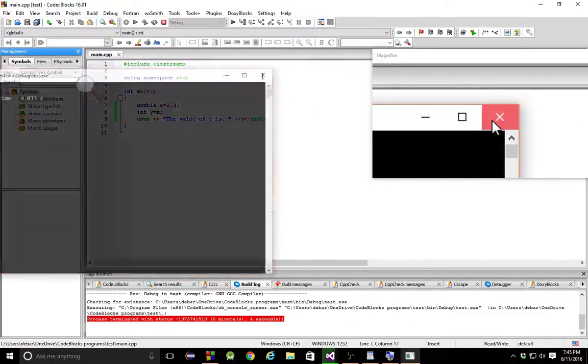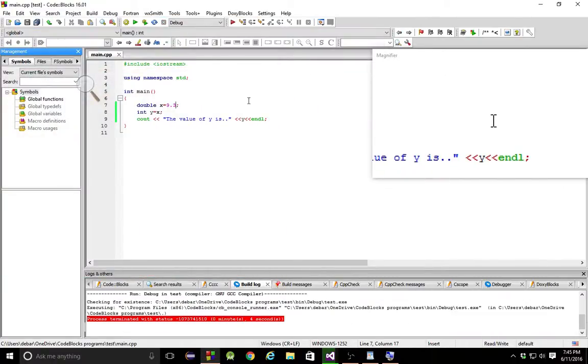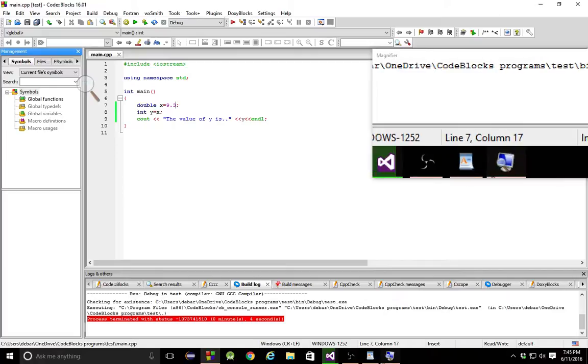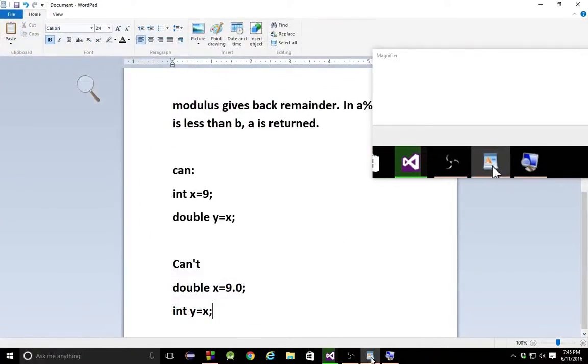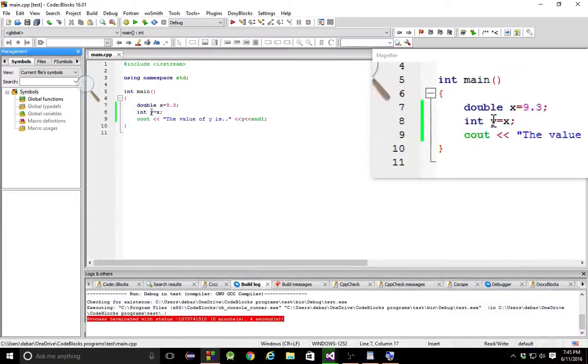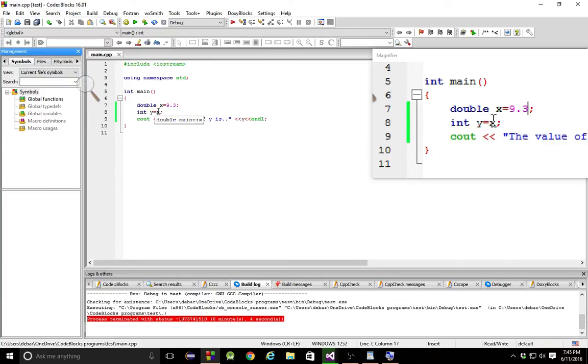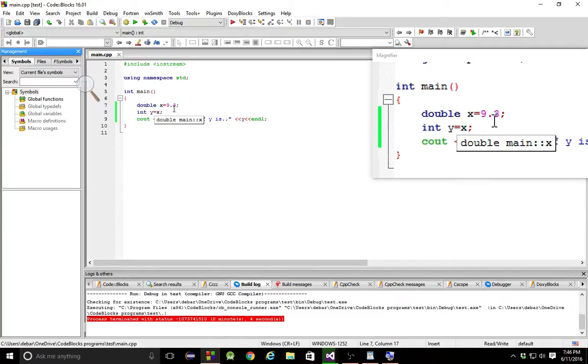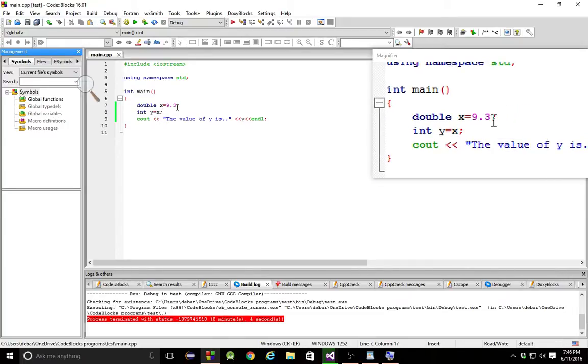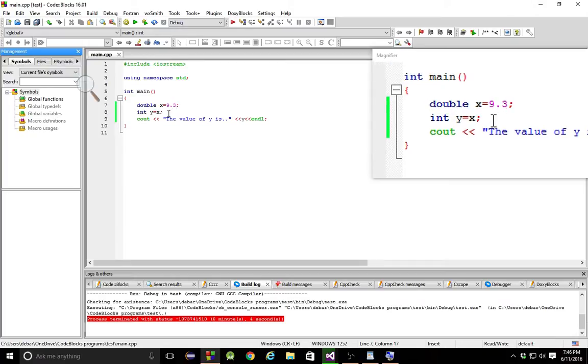But you still don't want to do this. This is a very bad practice. That is why I'm saying you can't assign a double to an integer, even though you can get away with it in C++. You can't do that in Java, but you can get away with it in C++. You should think of it as you can't, because this can lead to potential round-off errors. 9.3, and you truncate it to 9, that's 0.3 off.